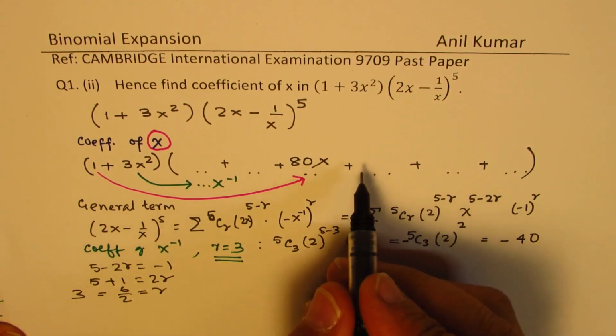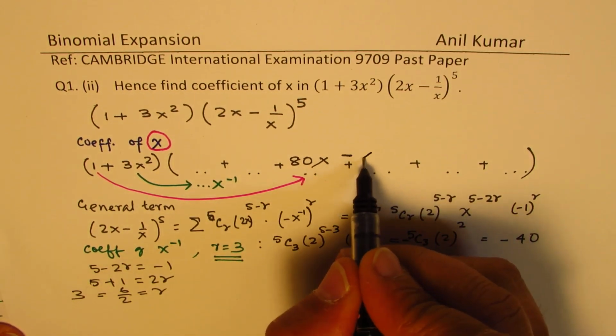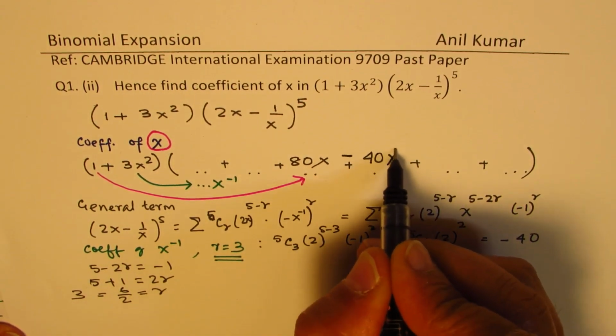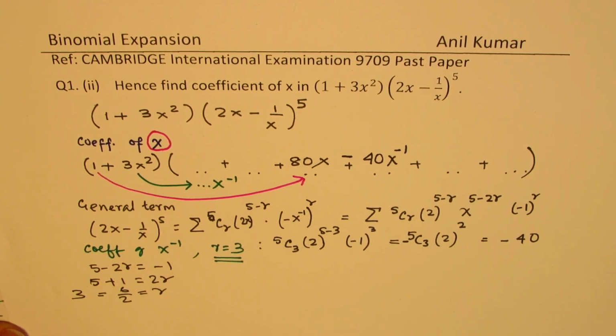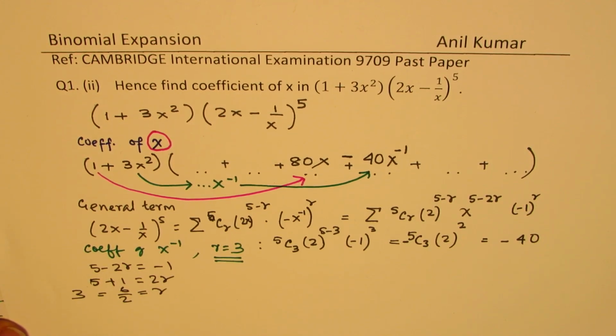So this term, basically, we get as minus 40x to the power of minus 1. Do you get the idea? So when we are looking for the coefficient of x, the other term to be multiplied is this. Do you get that?